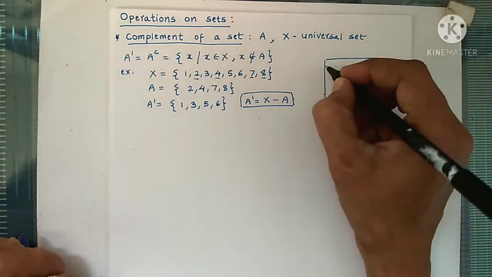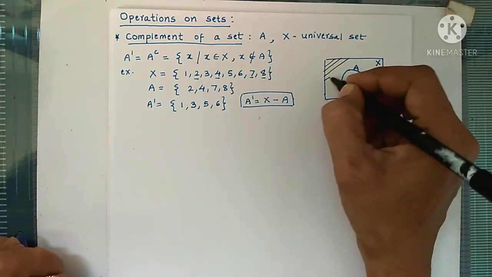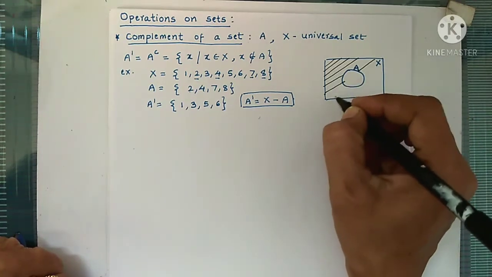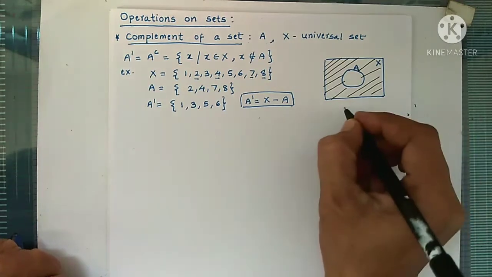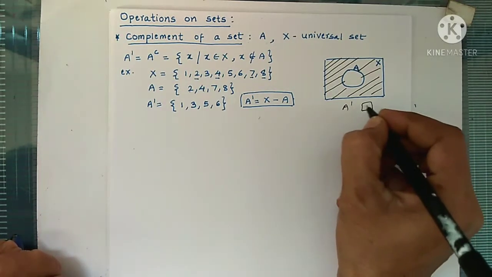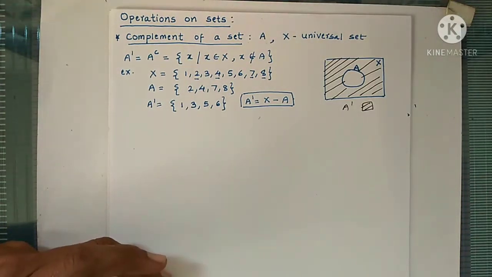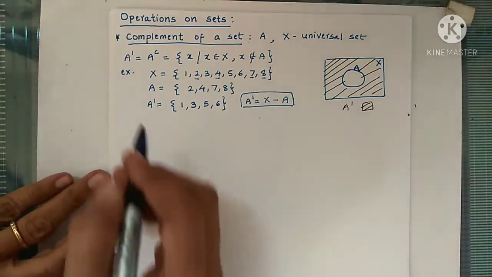So A complement is X minus A. So A complement is all the part of X which is not in A. So this shaded portion is A complement. A complement is represented by these lines. You can see that A complement is this rectangle, and this circle is not there. So A complement is basically X minus A.